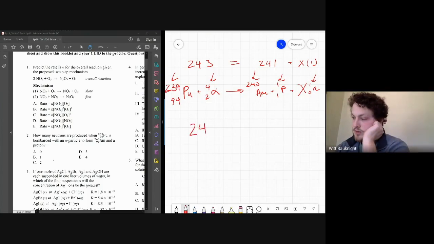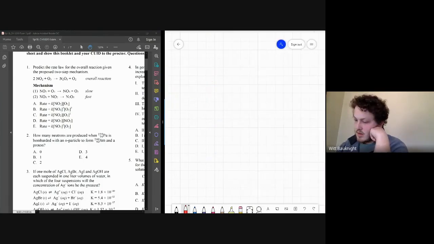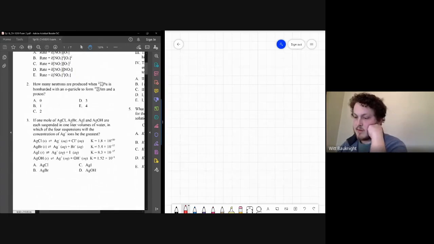So 243 equals 241 plus x. Well, that means 2 equals x. Therefore, we have 2 neutrons. And that is why the answer is C in this case. Right here. Cool. All right, let's talk about number 3.